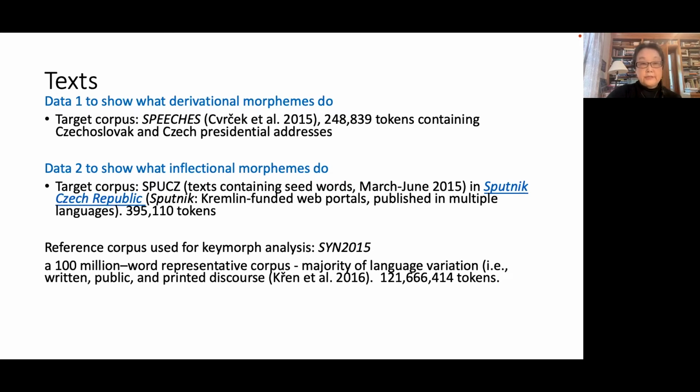And the other set of data is called Sputnik Czech Republic, SPU-CZ. These are texts containing some seed words, Russia-related, Ukraine-related, and Belarus-related. These texts come from the web portal Sputnik News, from March through June of 2015.